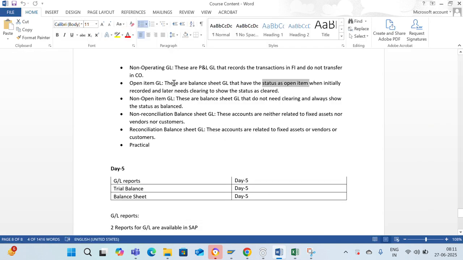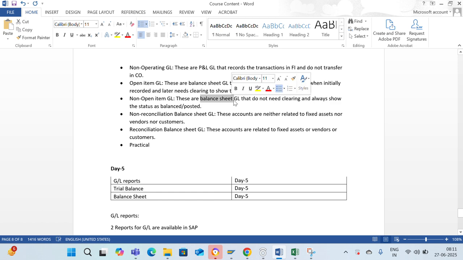So these are the balance sheet GLs. They have the status as open item when they are initially recorded, but later when they are cleared, they show the status as cleared. Talking of the non-open item GL accounts, their status is always balanced, balanced meaning posted.